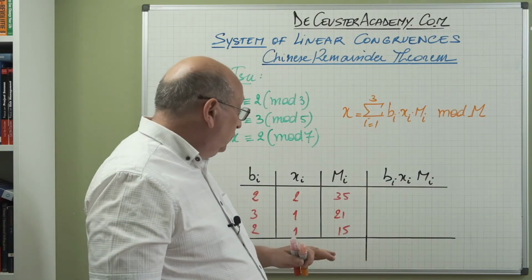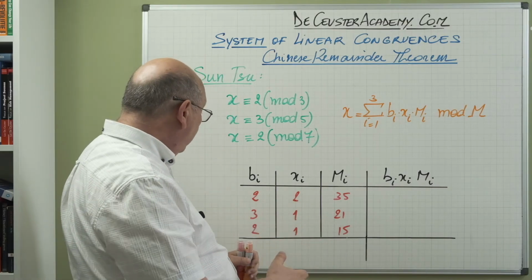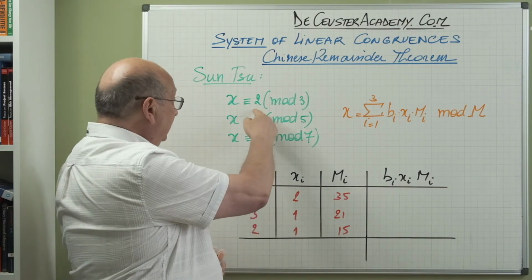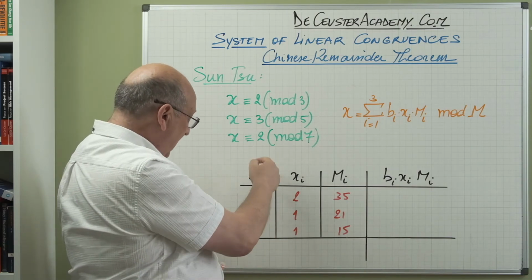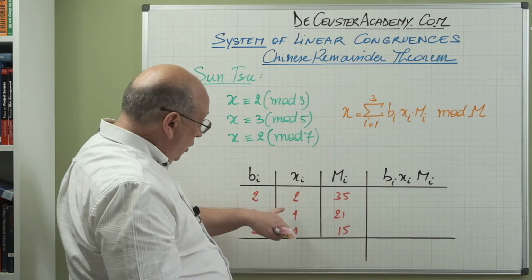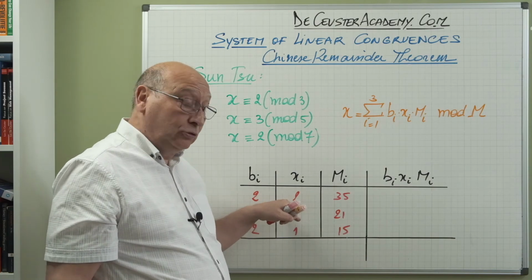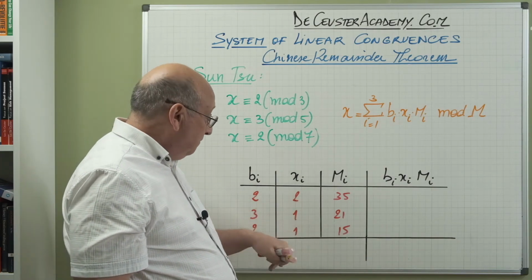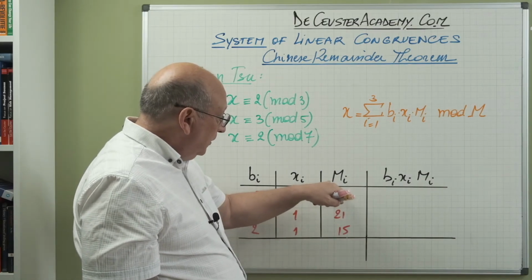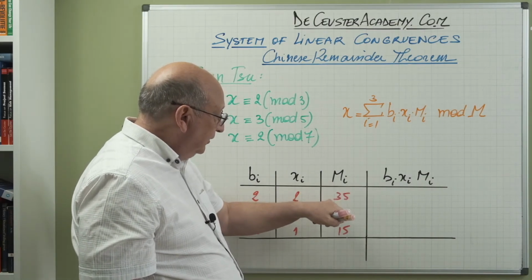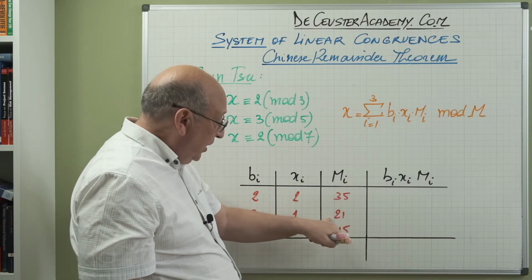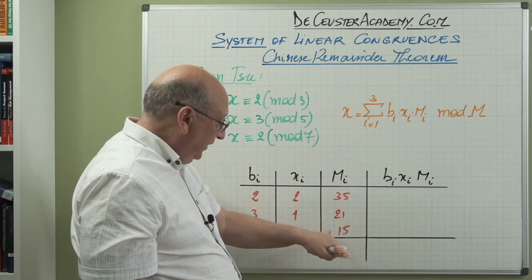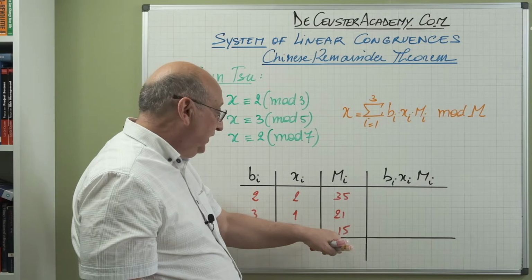In the table you see the values we found before. The bi, b1 is 2, b2 is 3, and b3 is 2. We found that x1 is equal to 2, and x2 and x3 are equal to 1. From the calculations of the parameters Mi, we found that big M1 is 35, big M2 is 21, and big M3 is 15.